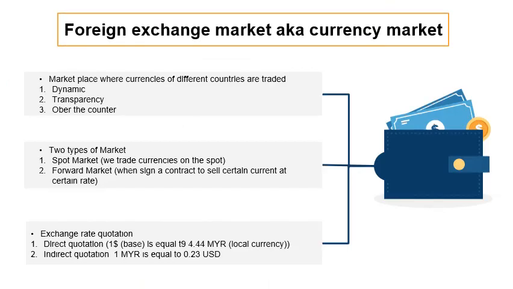In the previous slide, I mentioned that for a government that adopts a floating exchange rate system, the currency exchange rate will be determined by the market. But now we want to know what the market is. The foreign exchange market is also known as the currency market. It's a marketplace where currencies of different countries are traded.